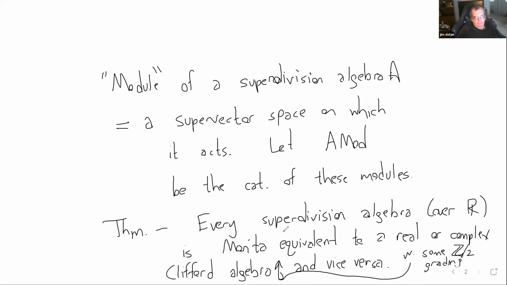So they should all be thought of together, and that's where this super Brauer monoid I was talking about comes in. I was avoiding talking about that aspect of things here, but that's another aspect I really find cool because it's unifying all these 10 different superdivision algebras into some larger structure.